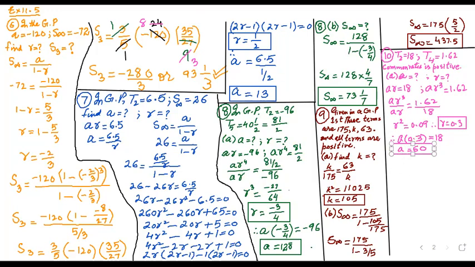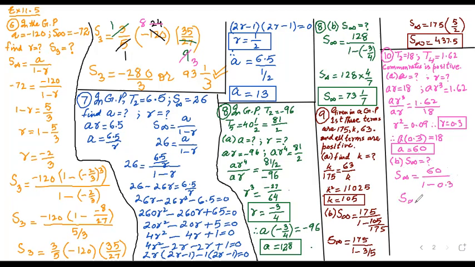Now we go towards part B. In part B, we have to find the sum to infinity. So by formula, sum to infinity is equal to A upon 1 minus R. So A is 60 upon 1 minus R. The value of R is 0.3.